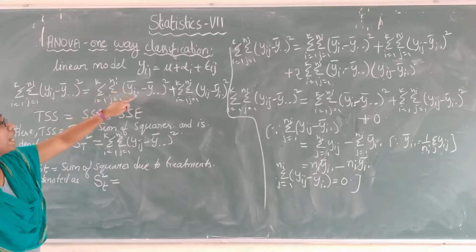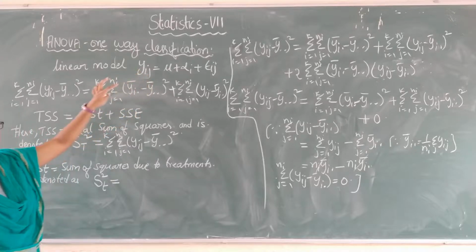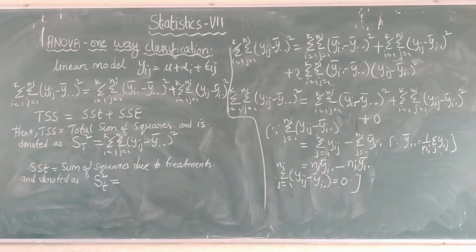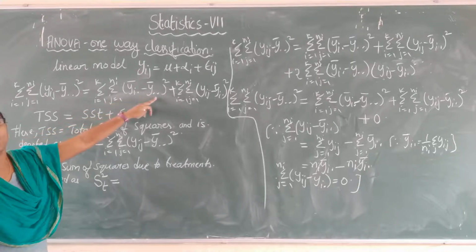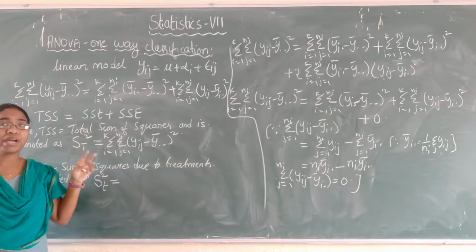That is yi dot bar minus the overall mean whole square. So here we have the ith treatment mean minus the overall mean. We have the alpha i value also, that is mu i minus mu.